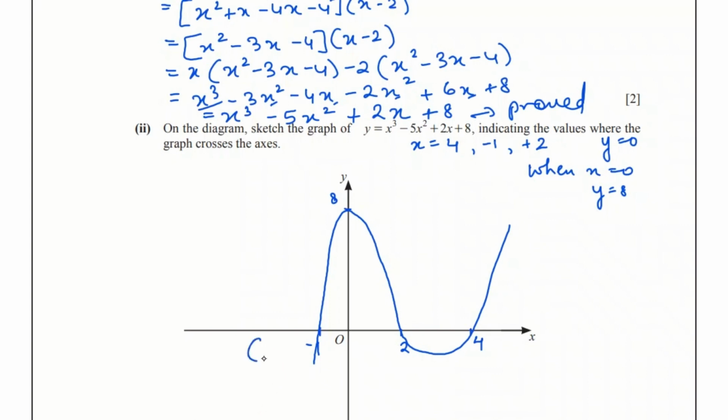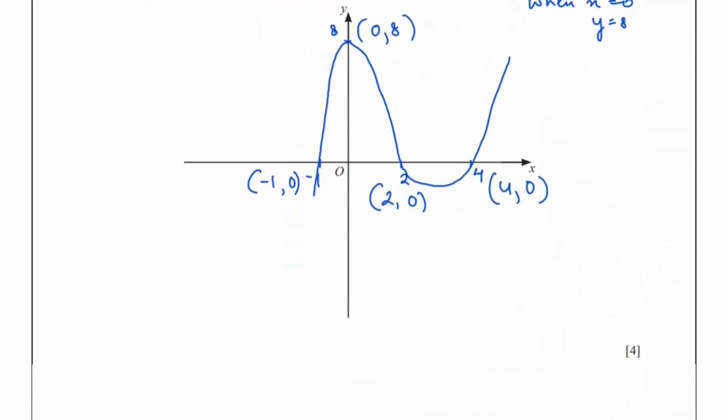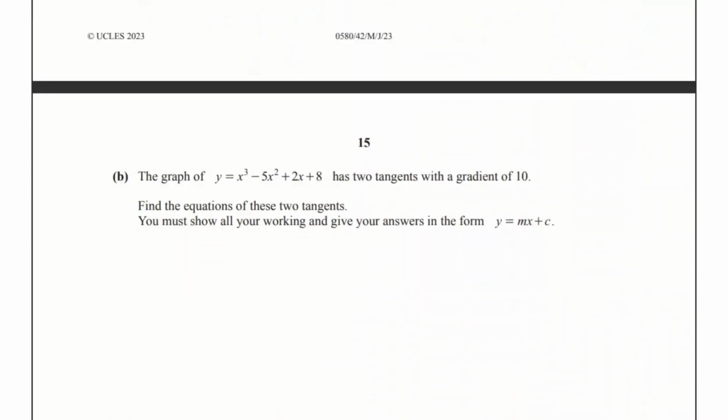So this is your point, minus 1, 0, 0, 8, 2 and 0, 4 and 0. That's it. 4 marks for plotting it.